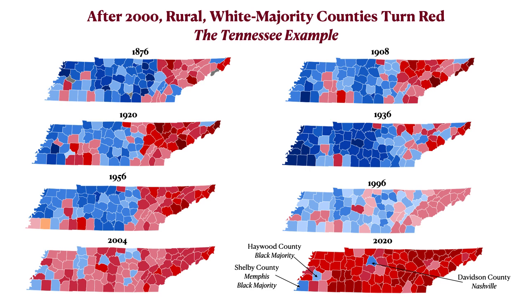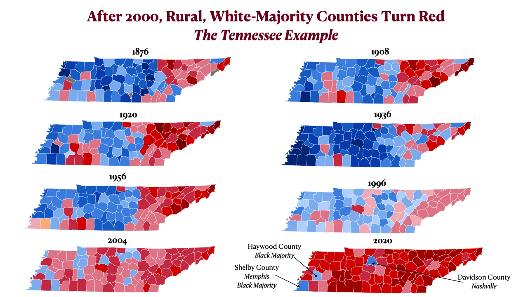In the 1990s, it starts to change. It's interesting. You could see the Republican counties being less Republican and the Democratic counties less Democratic. And then after 2004, we get this movement into the modern era. And you look at 2020, the only blue counties in Tennessee are Davidson, where Nashville is. So we have the metropolitan issue here.